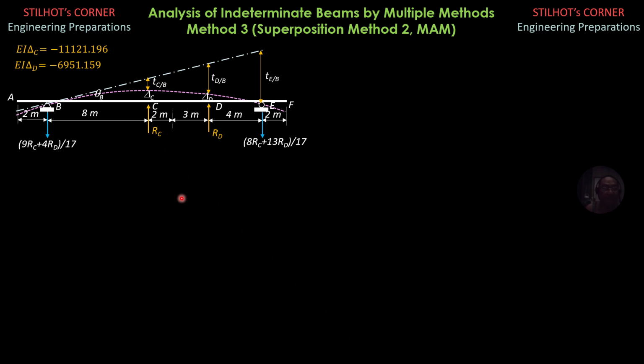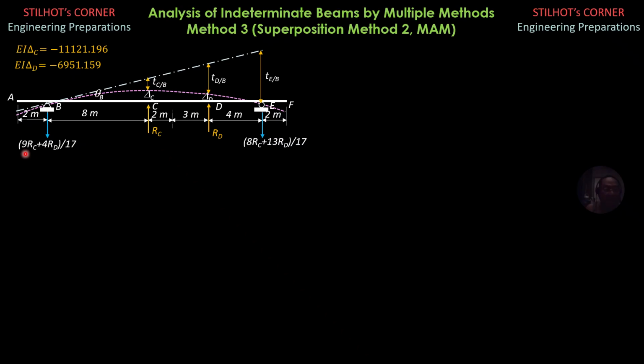So by moment area theorems again, I want you to show that the reaction here is downward, and it is 9RC plus 4RD over 17. To check this, summation of moment about E equals 0. So this reaction times 17 equals R sub C times 9, plus RD times 4.